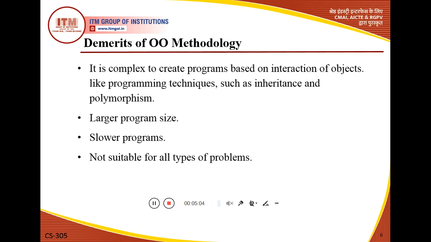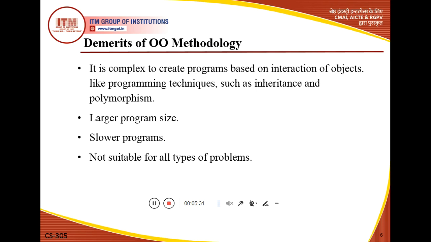Now, what are the demerits of object oriented methodology? It is complex to create programs based on the interaction of objects, with programming techniques such as inheritance and polymorphism, and it produces a larger program size in comparison to procedure oriented programming.